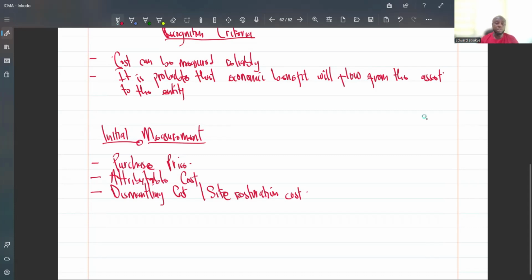So the installation cost is part of attributable cost, isn't it? If you decide not to perform the work again, you have to make sure you take whatever you installed from there so that you can level the land. So that's why we call it dismantling or site restoration. We restore the site back to how you met it.